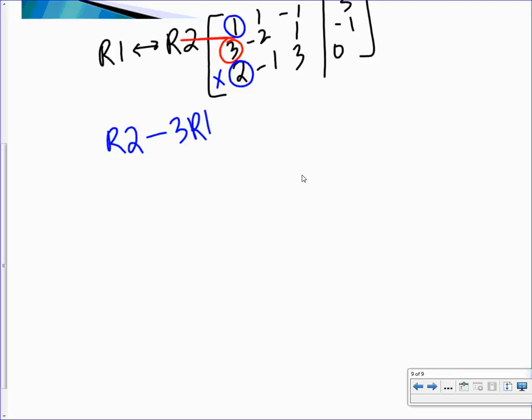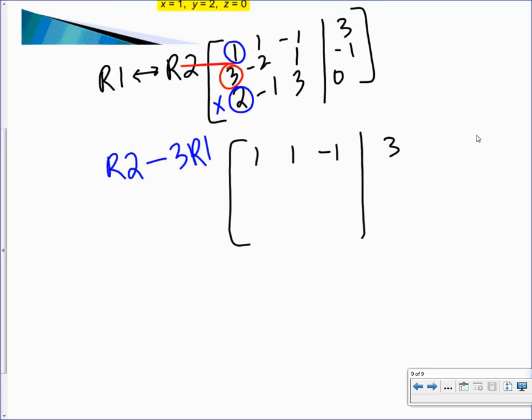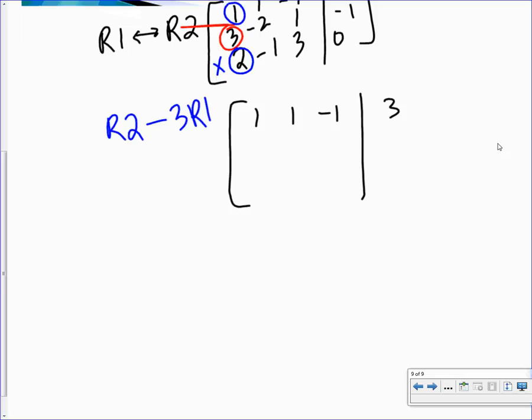So now we have, top row doesn't change. I want to make sure I'm copying that down correctly. That is a 3, yes. And then row 2 minus 3 row 1. And by the way, the answer is going in row 2. You want to note that.